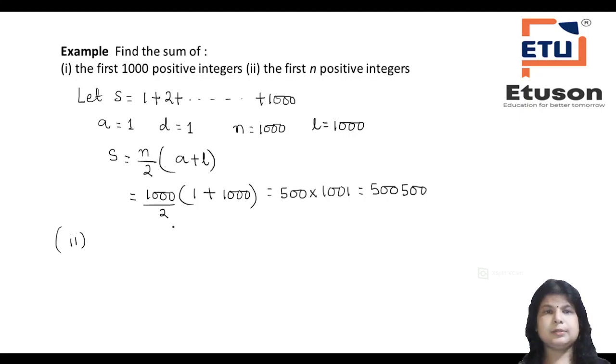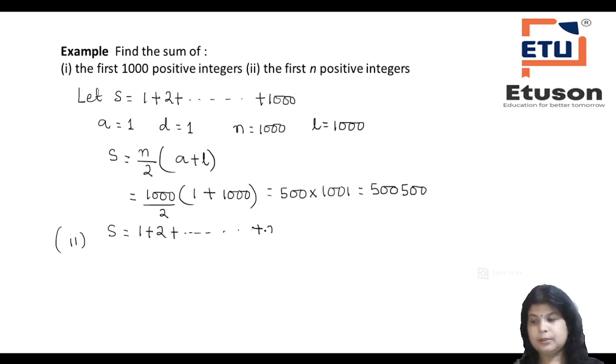The first n positive integers. So you have to find the sum of the first n positive integers. Let S be equal to 1 plus 2 plus up to n, because we don't know what the last term is, so we will represent it as n.